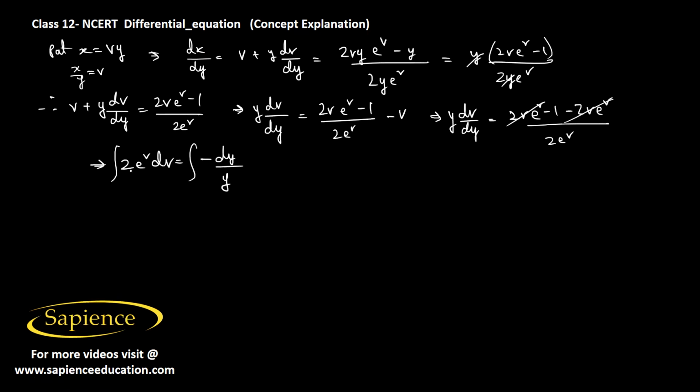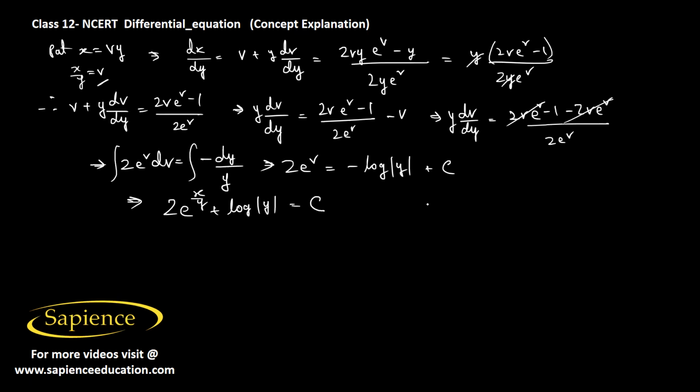Then we can integrate both sides. The integral of e power v is e power v only, and this will be minus log mod y plus c. So then we can replace it with x by y. So that will be 2 e power x by y plus log mod y equal to constant c.